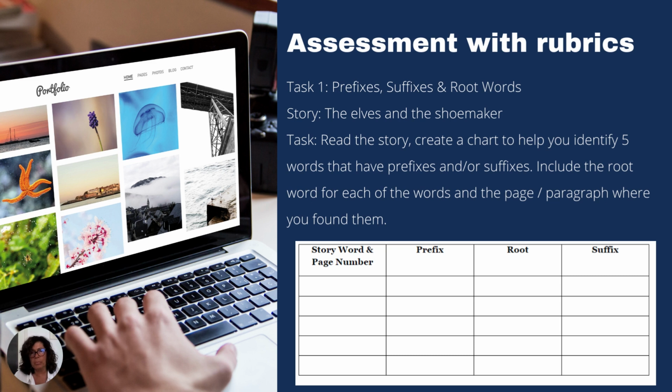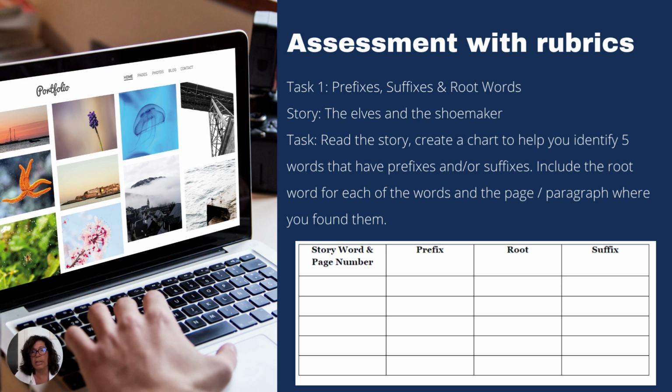Also, well, here you have, for example, a model with rubrics. Suppose that they have to find prefixes, suffixes, and root words. And in order to do this, they are going to read a story. For example, The Elves and the Shoemaker. So this is the task sheet.